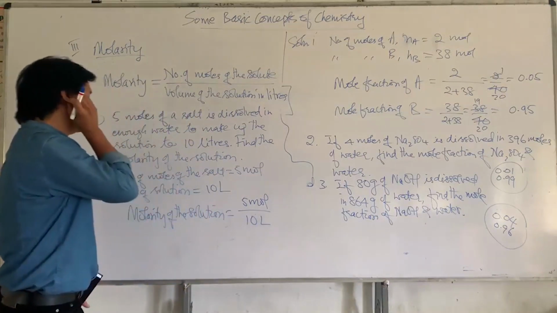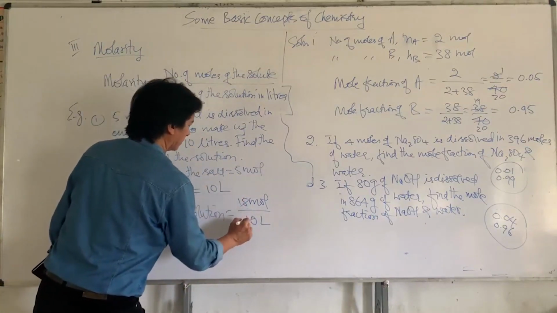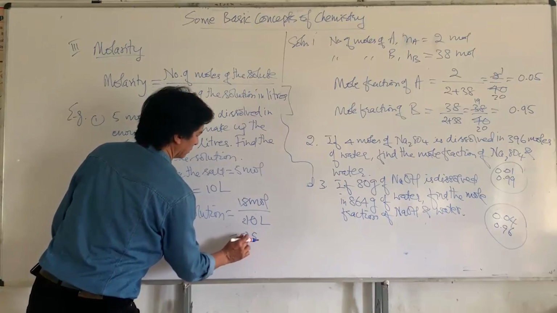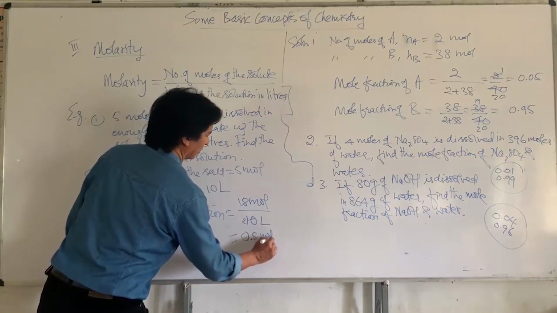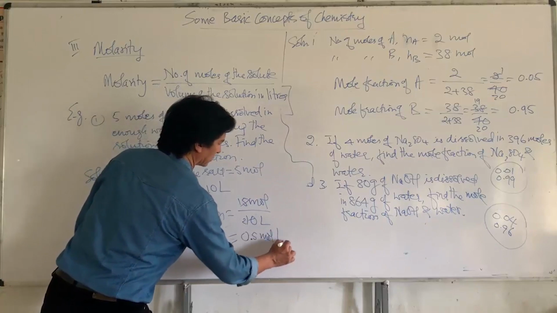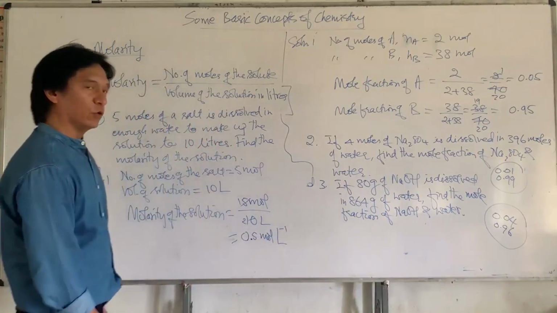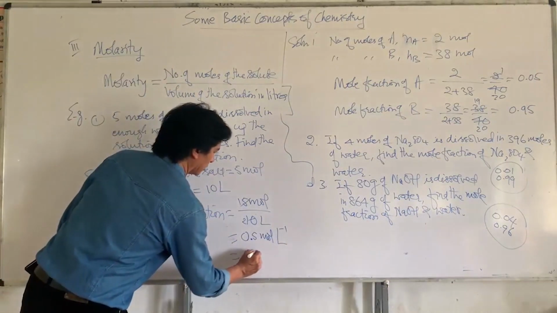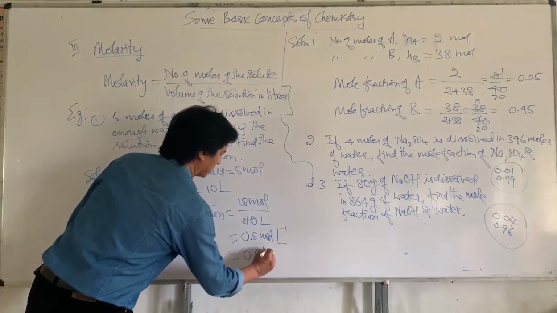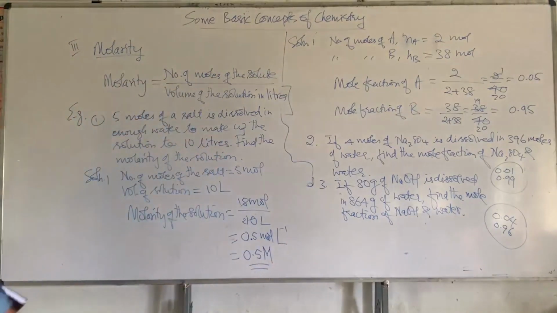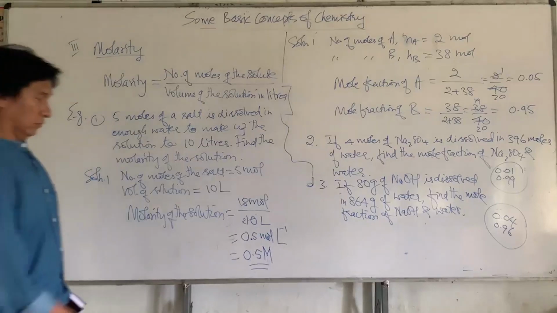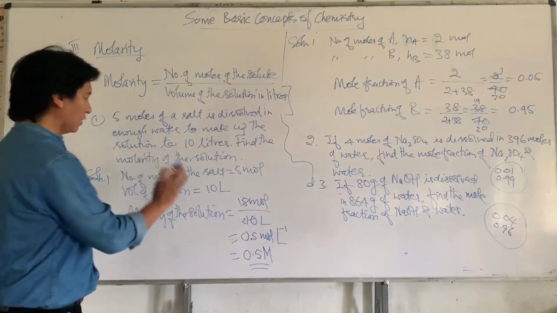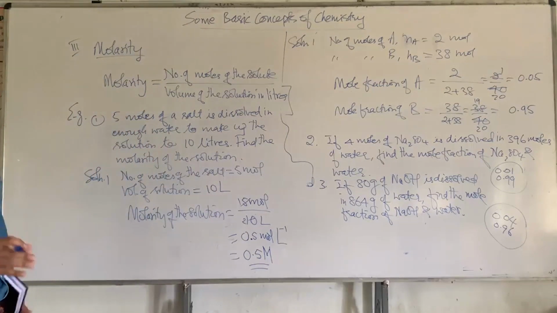Now 5 by 10 is nothing but 1 by 2, or it's nothing but 0.5. 0.5 mol per liter. And instead of mole per liter, you can also write 0.5 capital M. 0.5 molar solution, that is 0.5 moles of the salt or the solute is present in 1 liter of the solution. So this is how you can find the molarity of a solution.